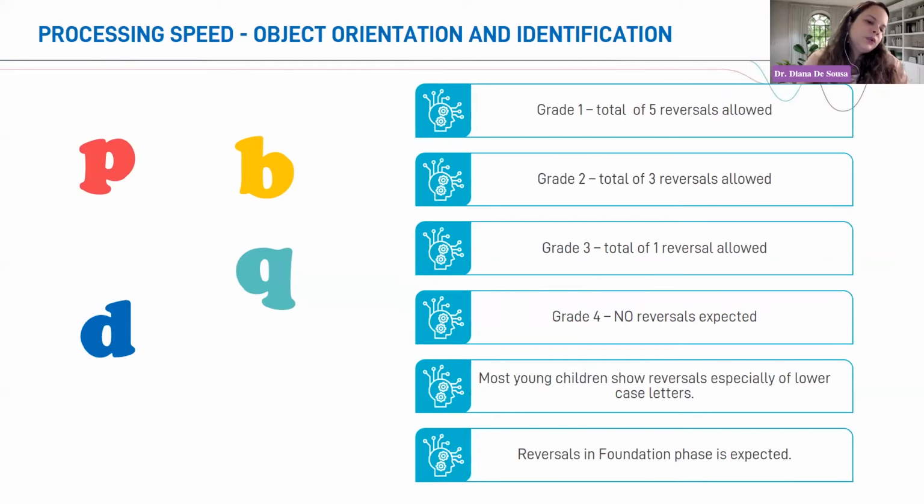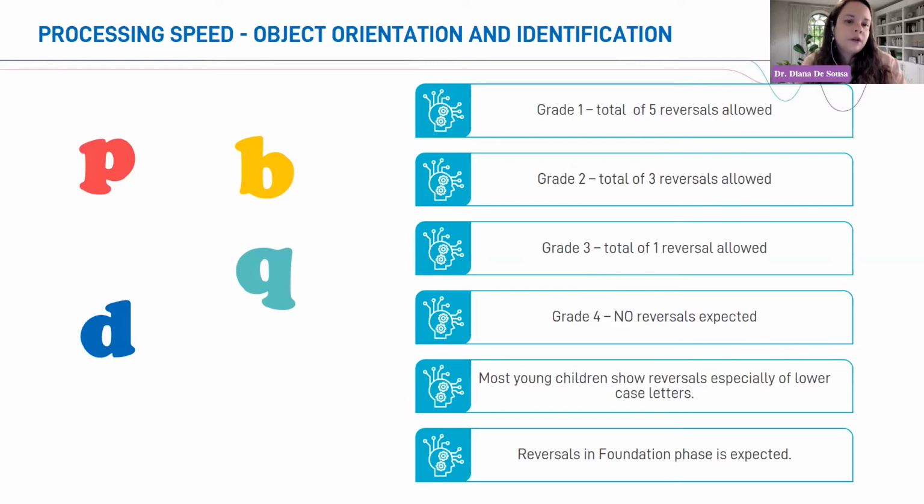It's also your D and your Q. So you can see that someone with dyslexia, or your SLD with impairments in reading and written expression, may struggle, and very much like that early activity we did, struggle to actually put the letters in their correct orientation and even identify them correctly.